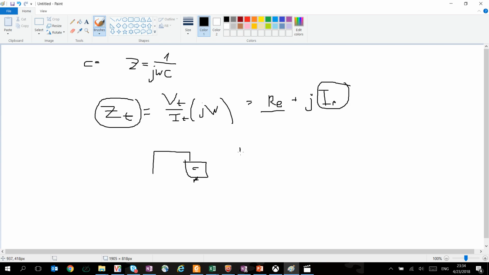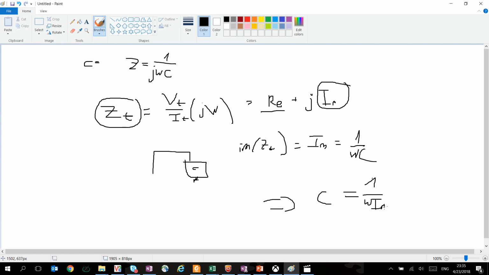So we can just apply the imaginary function of the calculator in Cadence to our Z, and then we're just going to get the IM, and we know that would be equal to just 1 over omega C, because we have to take the j out. So we know that C could simply just be 1 over omega IM, and we're going to measure IM. We can't measure C directly. We're going to measure IM, and then we're going to find C.